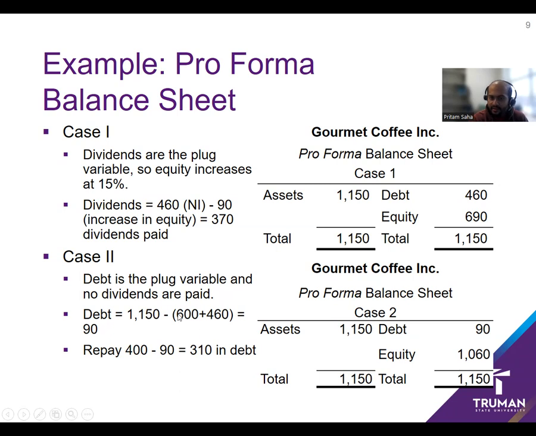This is our retained earnings because we are keeping 460. 600 plus 460 is our new equity value, but using that retained earnings, we are paying back debt. So that's the wrap-up of case 1 and 2.